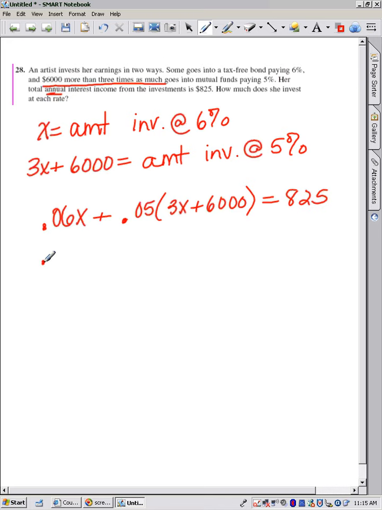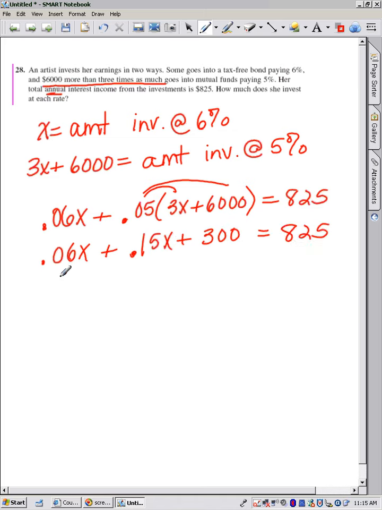So clearing parentheses, we would go 0.06x plus, now 0.05 times 3 is 0.15x. Then we have to say 0.05 times 6,000 is 300, equal to 825.